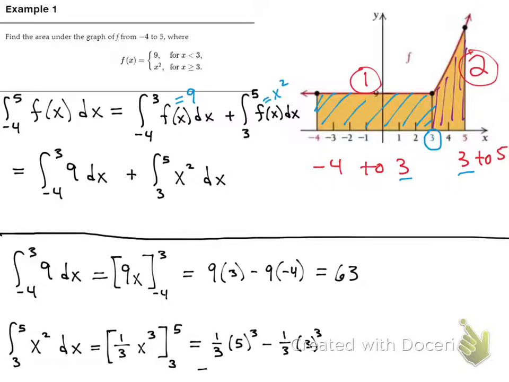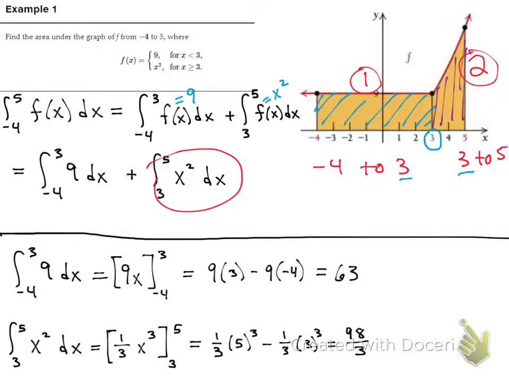And just a point, you can leave the 1/3 on the outside if you want to. You can factor it out and just write this as 5 cubed minus 3 cubed. Either way is fine. When we evaluate this, we'll get 98 over 3. So we know the value of the second integral is 98/3.